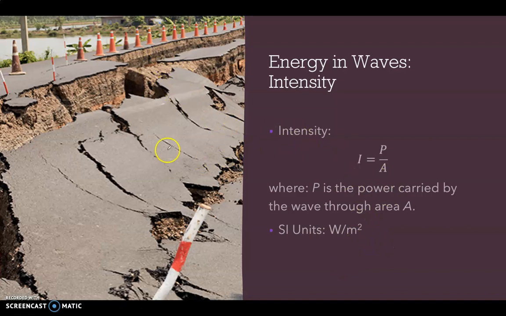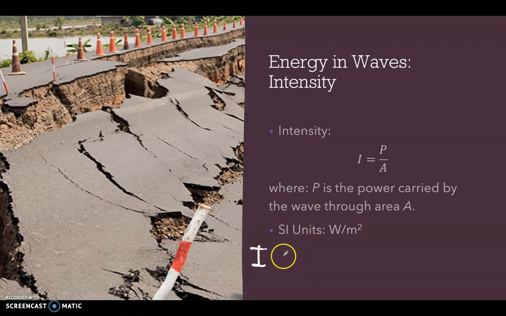And I show you this. This is an earthquake that has taken place, the aftermath of an earthquake. And this shows you the types of intensity for waves that can happen. So this is an example of intensity in waves.